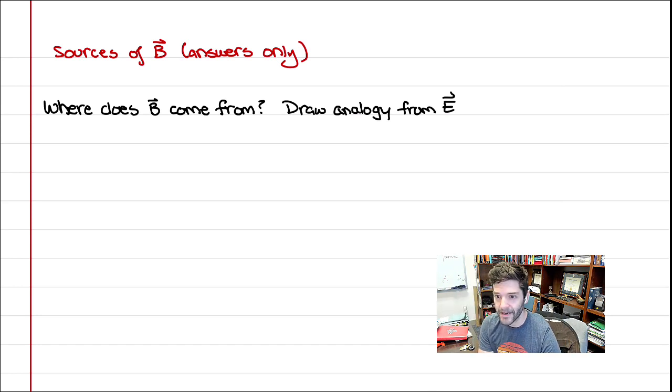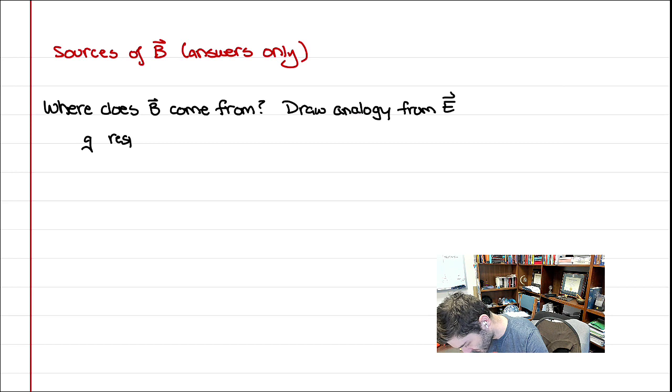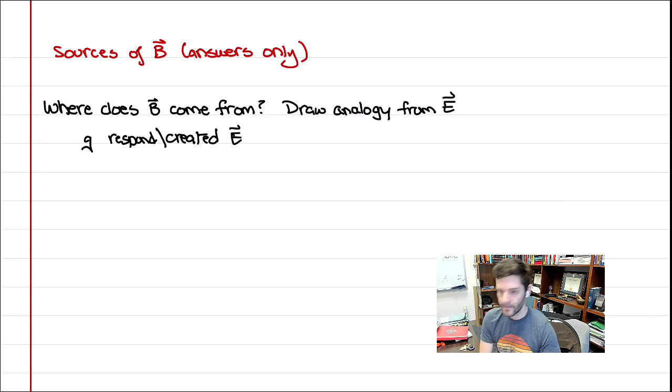So let's think of how the electric field was created and what responds to electric fields. We had individual charges Q, and we saw that they respond to electric fields, and that they also created electric fields. Similarly, let's think about magnetic fields.